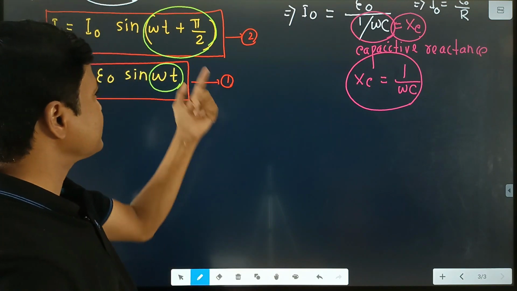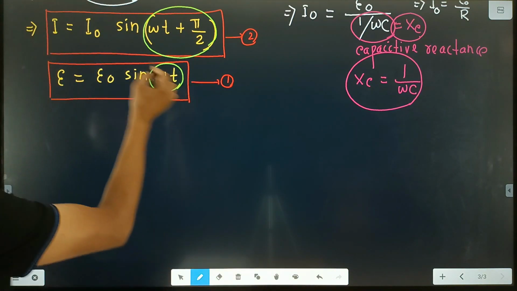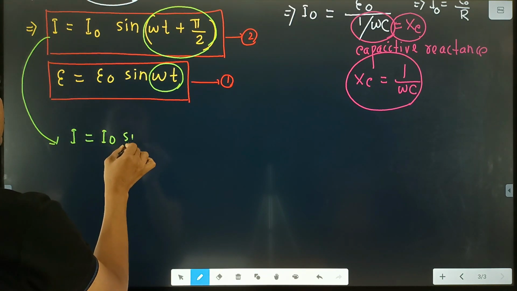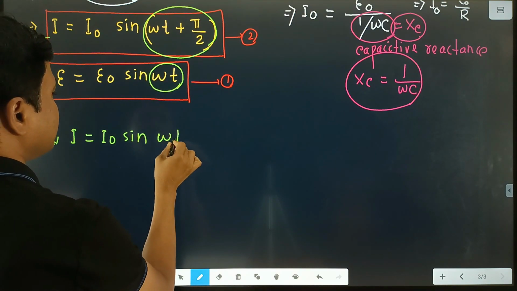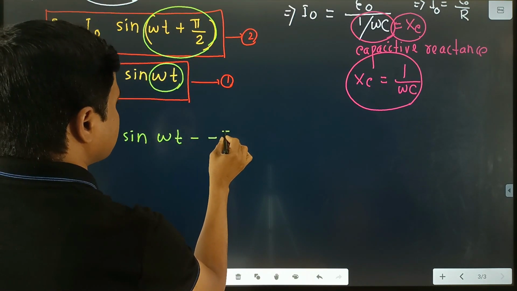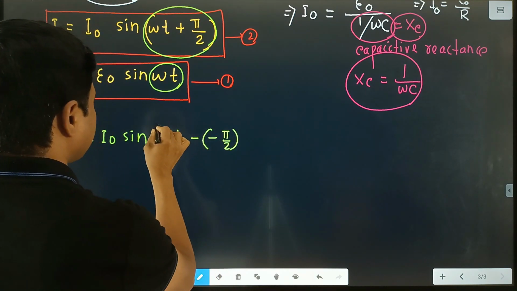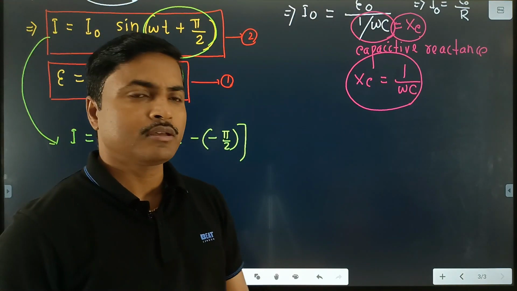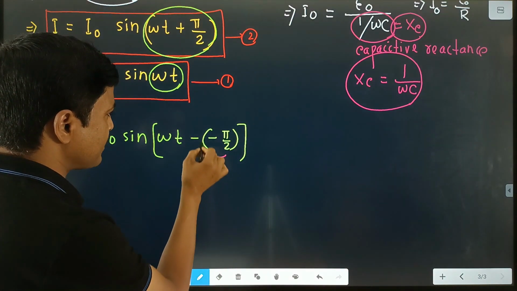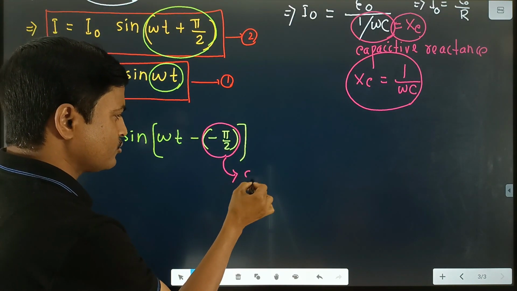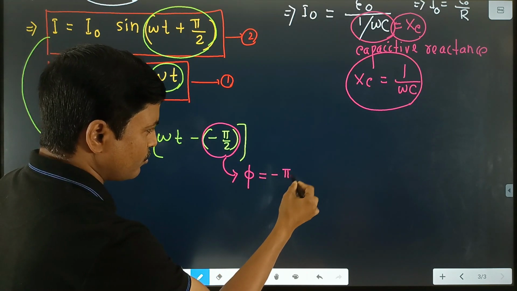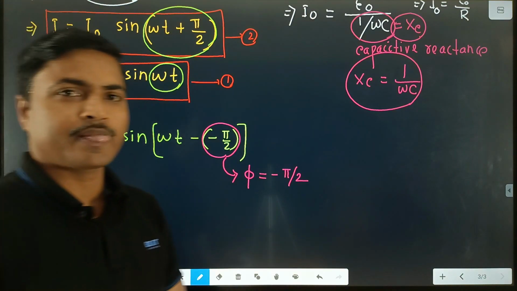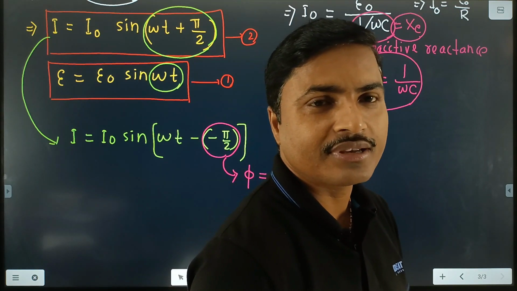That means a phase difference of pi by 2 is there. We can also write this expression as I is equal to I0 sin of (omega t, in place of plus we write minus of pi by 2), same thing. Clear? That means this minus pi by 2 is the phase difference. So we write phase difference phi is equal to minus pi by 2 radian between EMF and current in a purely capacitive AC circuit.